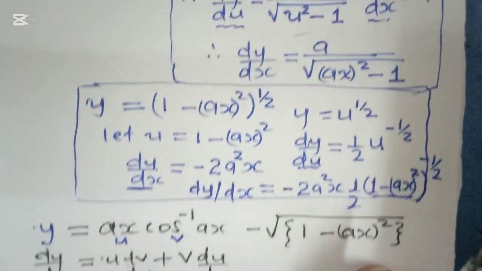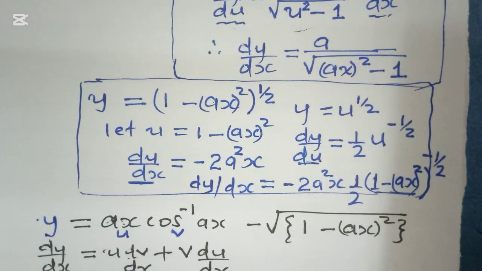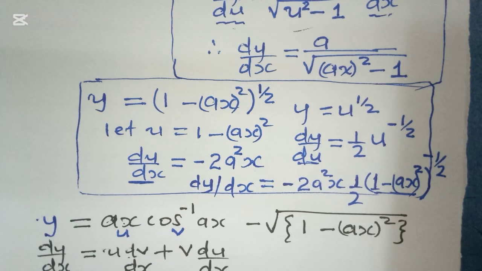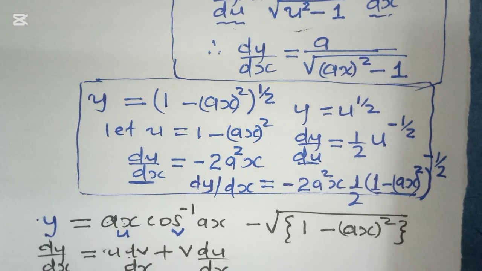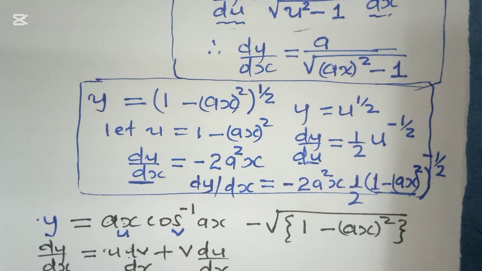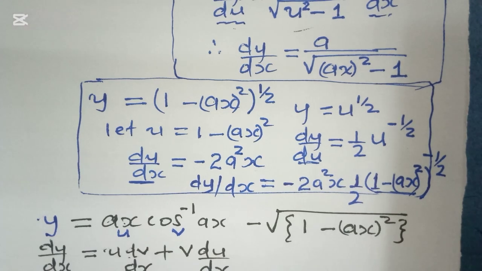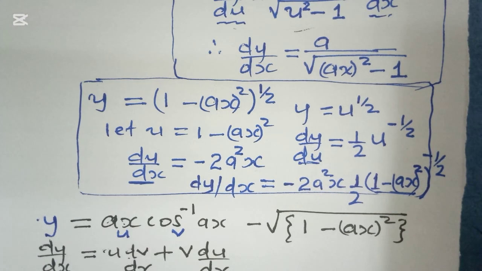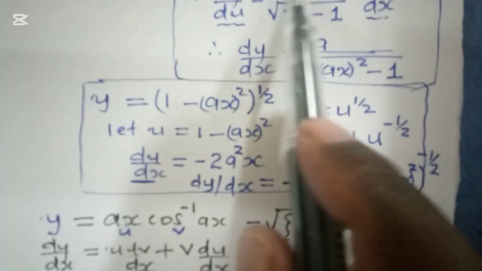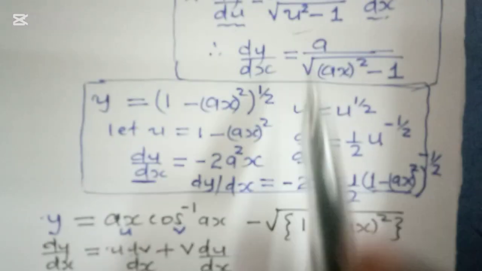And that's what I'm going to write now, right here. So I write a all over square root of ax squared minus 1. Remember that that is what we get as our differentiation of cos inverse.